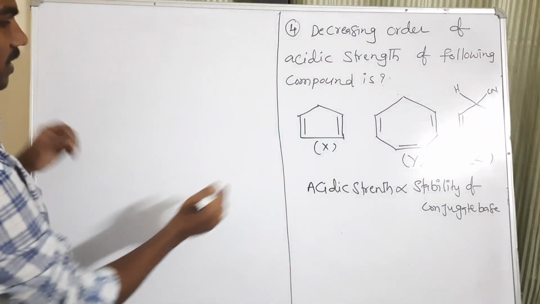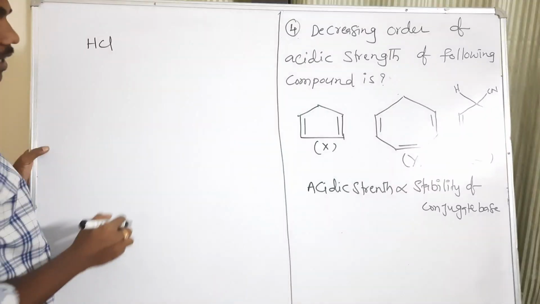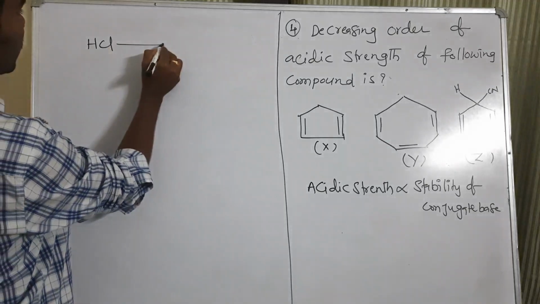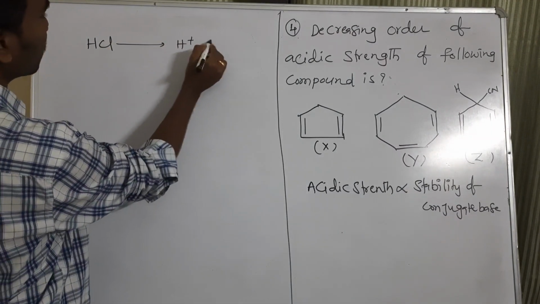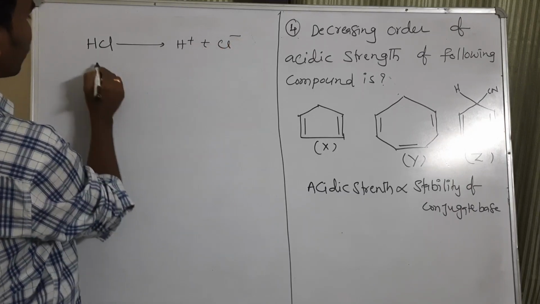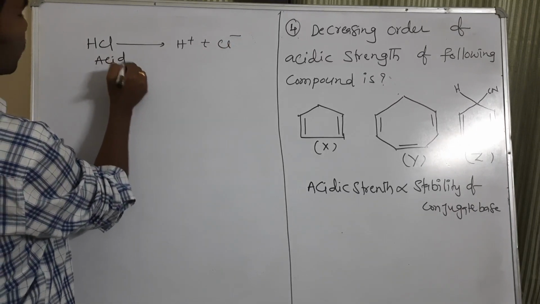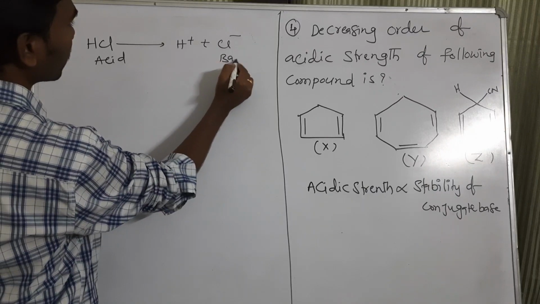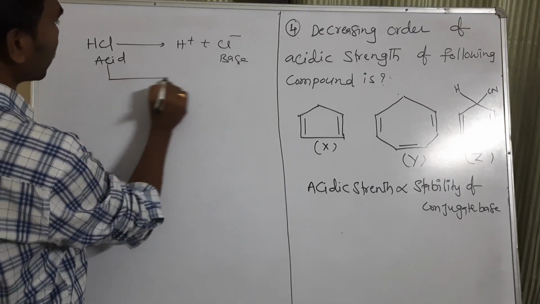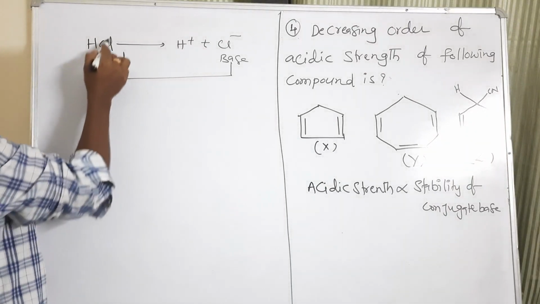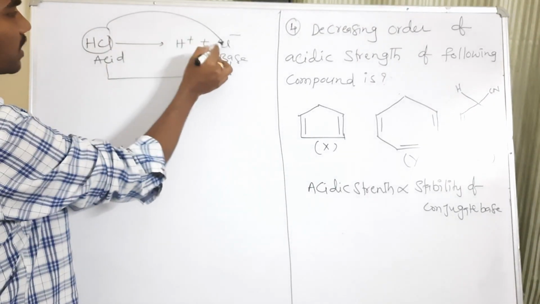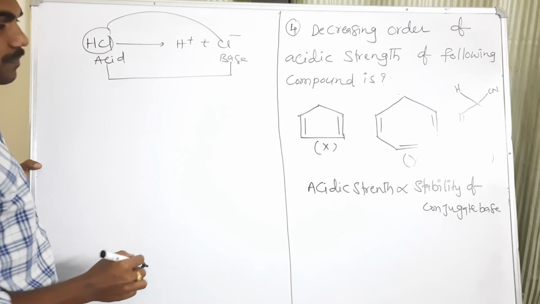For hydrochloric acid, if it releases H plus ion, it is going to form H plus and Cl minus. Here HCl is the acid, so we call Cl minus the base. An acid-base pair that differs by one proton is called a conjugate acid-base pair. So if HCl is the acid, then Cl minus is called the conjugate base.